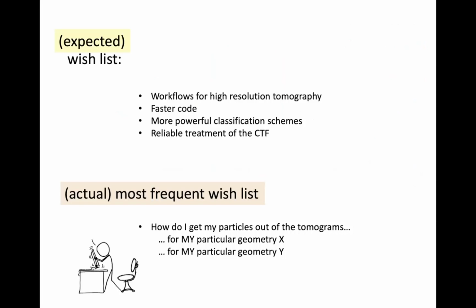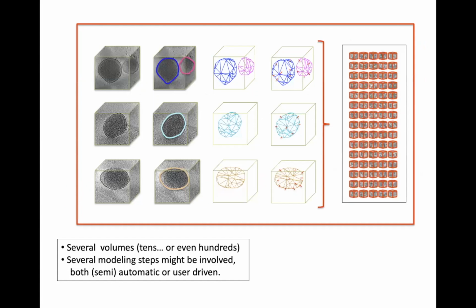One of the reasons is that this small red box that I showed before, where you have a tomogram and then the red spots that represent the particles magically appear, was an enormous simplification. That's not how things happen in reality.